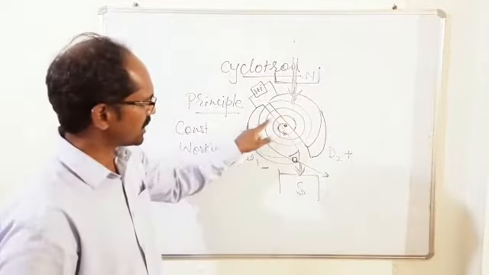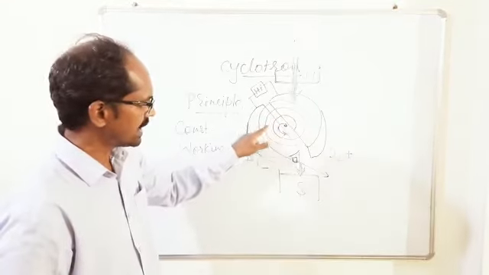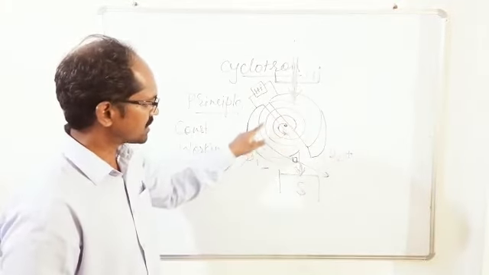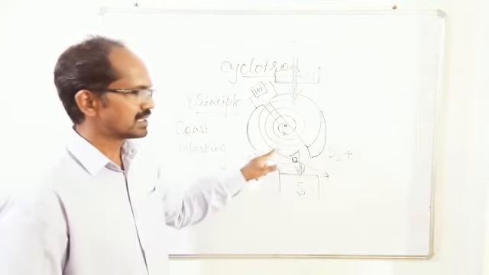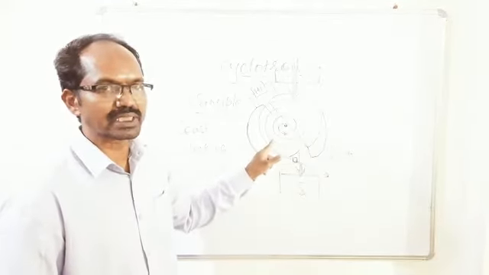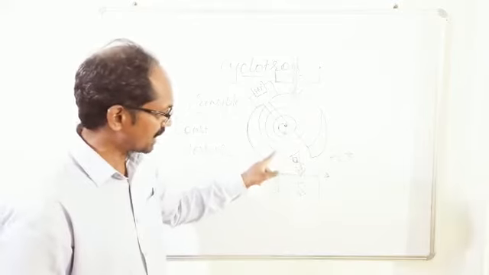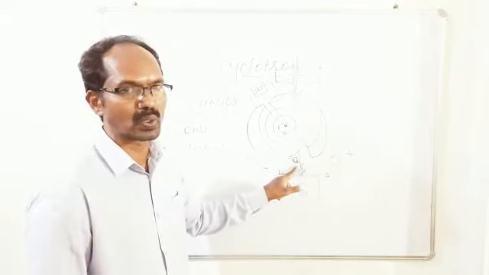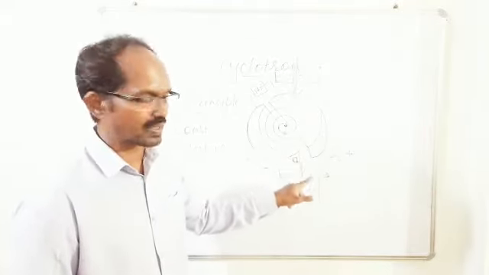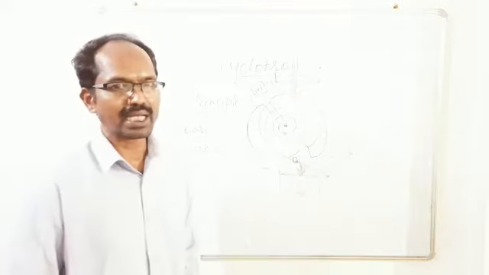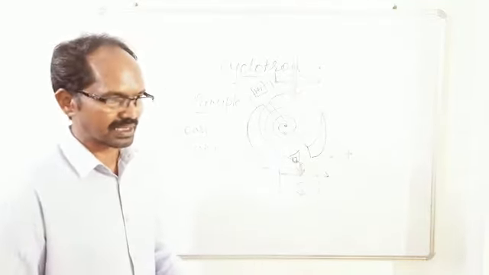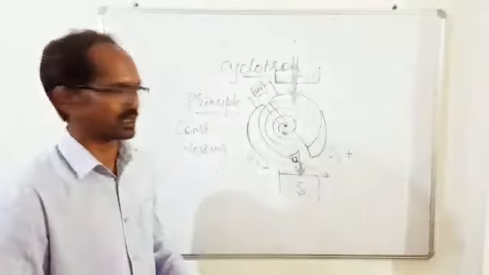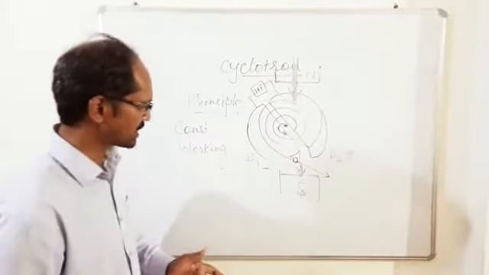And again the polarity is changing continuously, and this particle is rotating in greater and greater circles, and its velocity is also increasing gradually. Finally it comes out through this window with very high velocity and penetrates any nucleus that is kept inside the target and can start the nuclear reaction. So this reaction takes place.